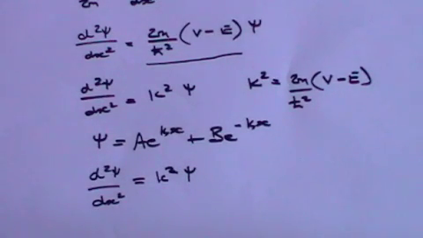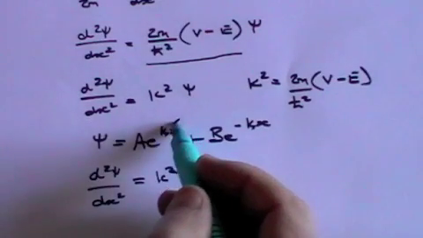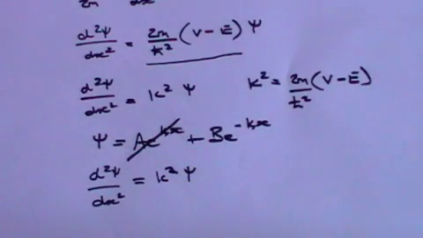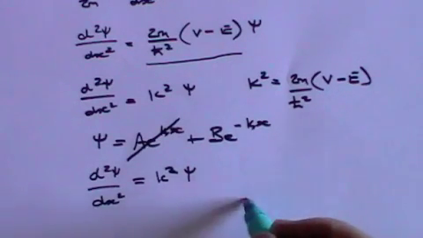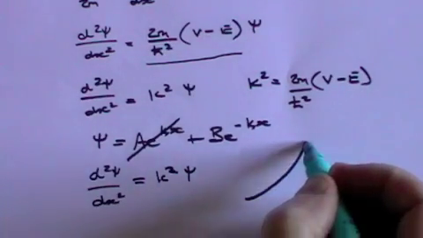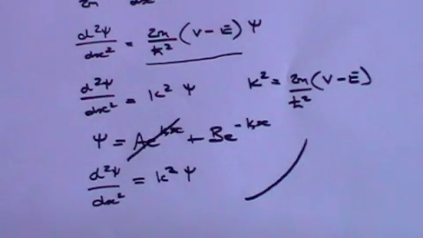Now, the first thing we can notice is that that term must disappear. Why? Because e to the kx is an exponential term that just increases exponentially, and that means that as x increases, the wave function increases to infinity. And that can't be right.